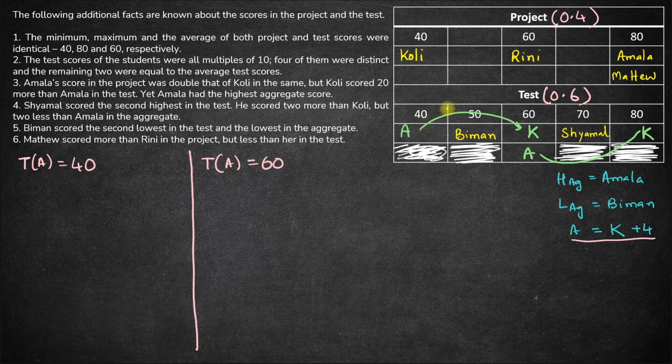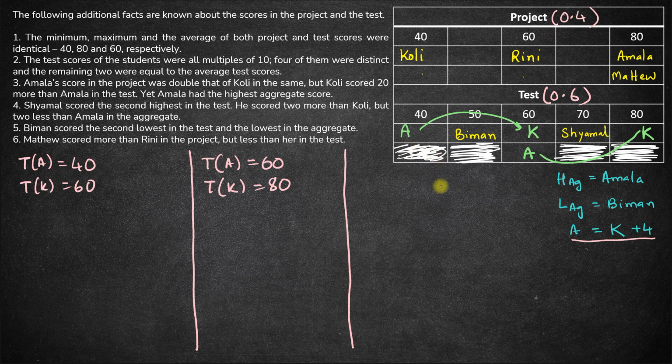So if Amala gets 40, Koli will get 60 in test. Or if Amala gets 60 in test, Koli will get 80 in test, right? Cool. Now let's consider both these cases, and also let's consider the aggregate of Shyamal as well.